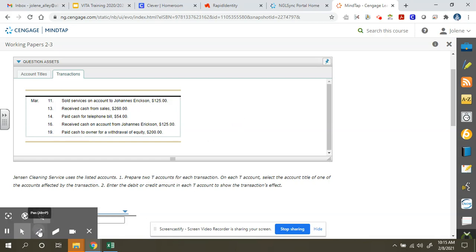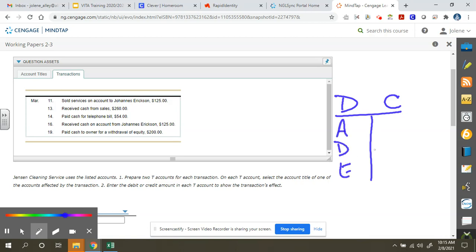Just as a reminder, DC Adler is in our toolbox. It is a tool for us to use to be able to remember all of these. This shows us which accounts are debit accounts and which accounts are credit accounts.